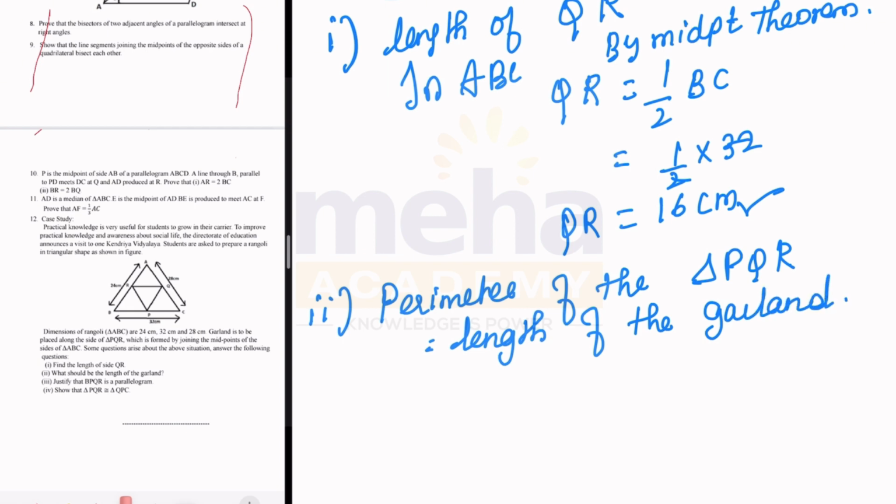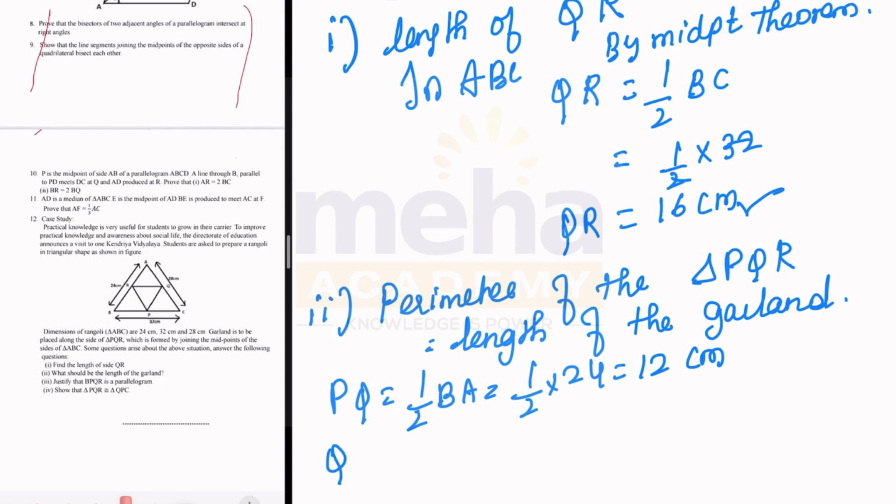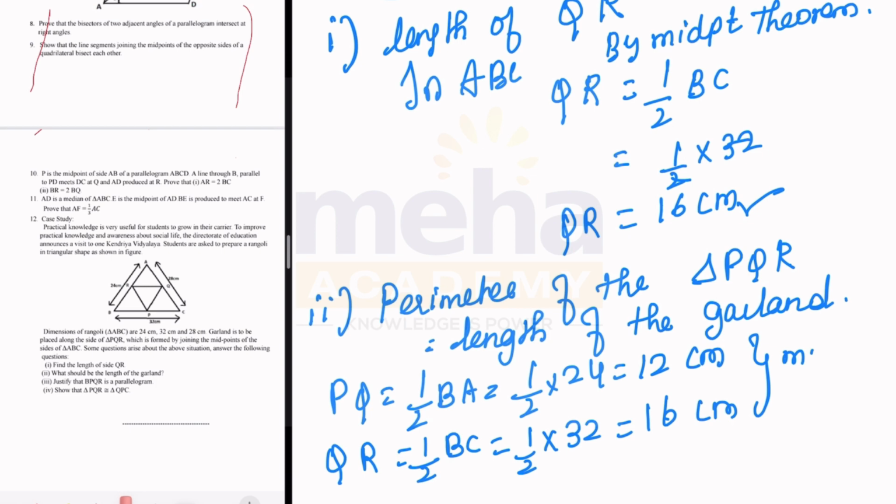For perimeter, I should note all the three sides. So PQ is equal to half of BA, that is half into 24, that is equal to 12 centimeter. Then QR is equal to half BC, that is half into 32, that would be 16 centimeter. We are using the midpoint theorem concept.